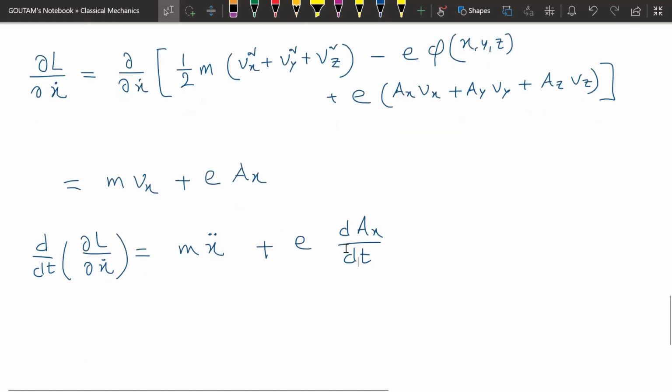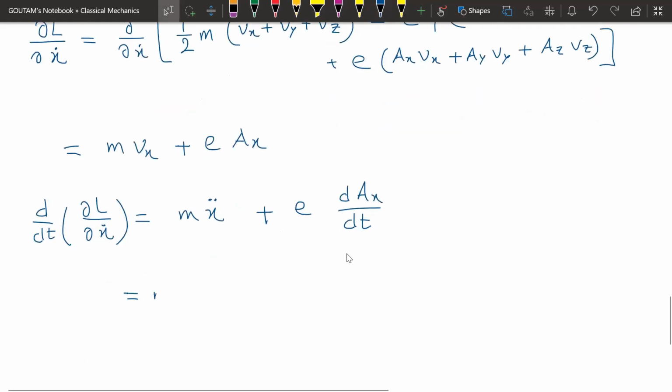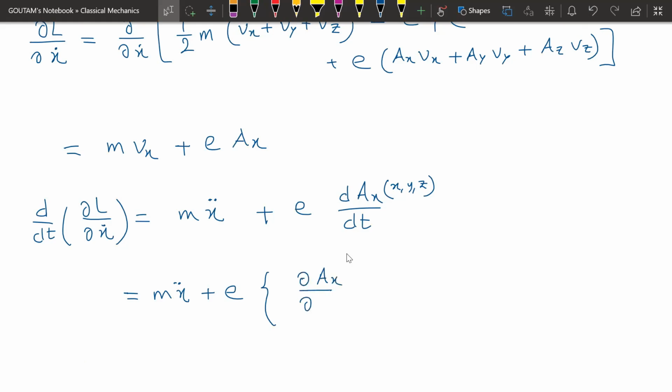Now this dAx dt can be written as follows. Ax is a function of x, y, z, so dAx dt is del Ax del x x dot plus del Ax del y y dot plus del Ax del z z dot.